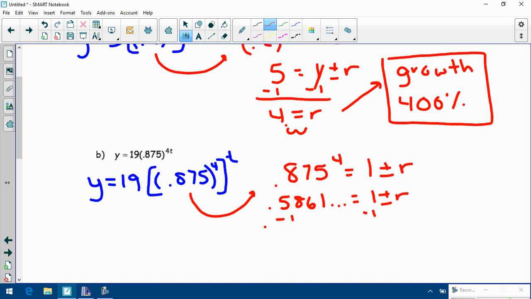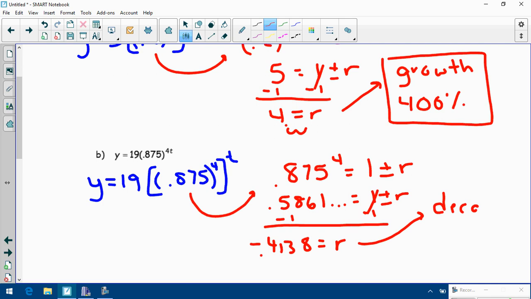Subtract 1. I get negative 0.4138 equals r.